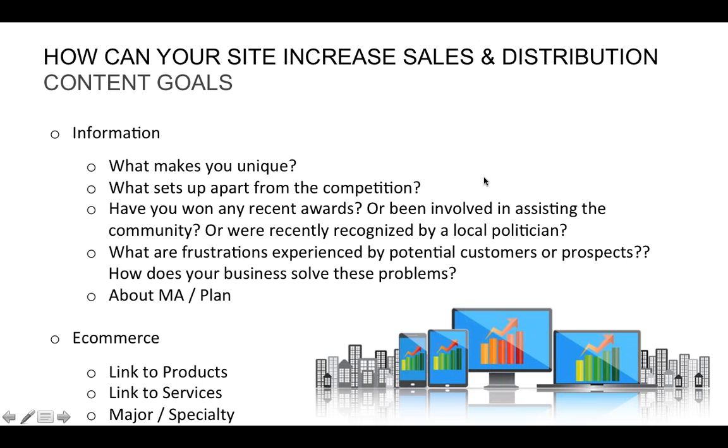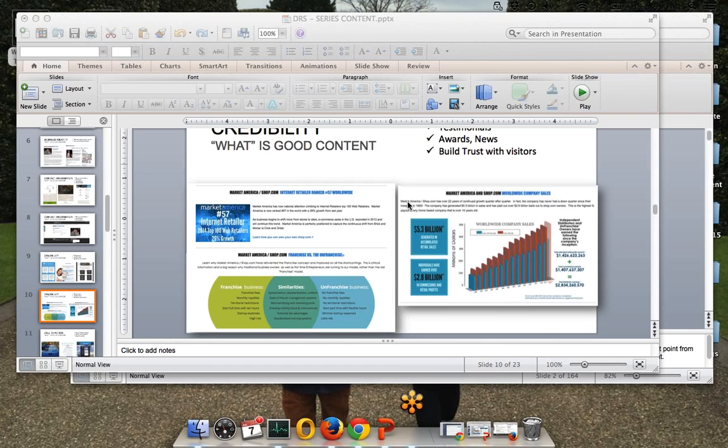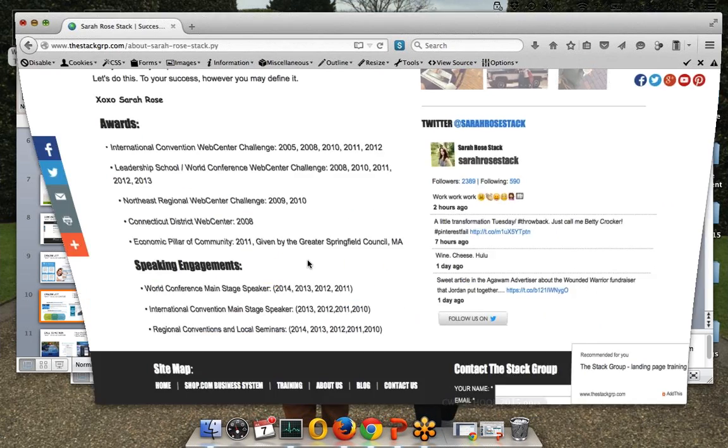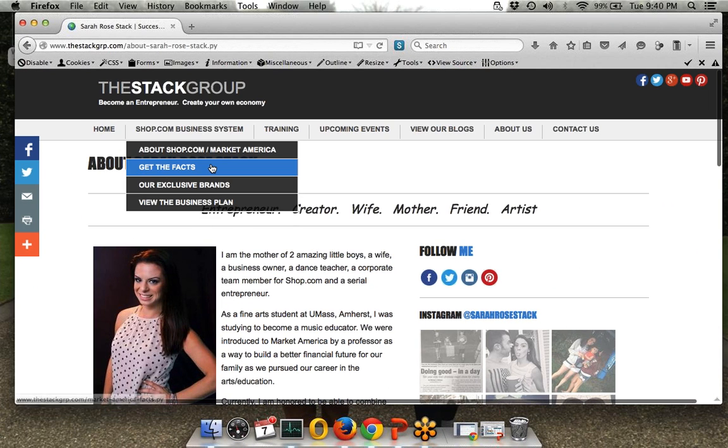You share your bio, not just the typical catchphrases that you've heard or swiping and adapting someone else's. What sets you apart from the competition? Is that something that you want to talk about? For me, I think it's important. On our website, we have a page called, I'm going to go to it right now, we have a page called Get the Facts.